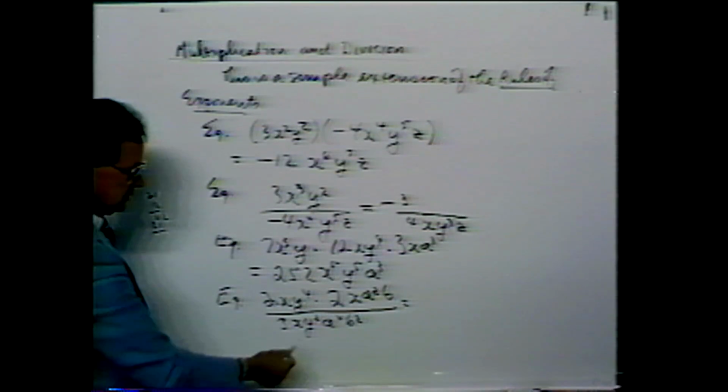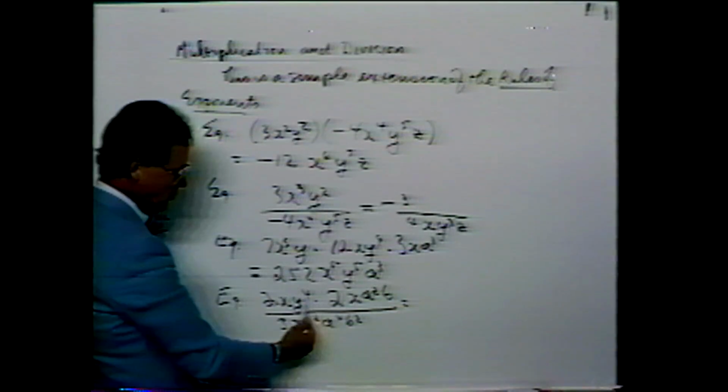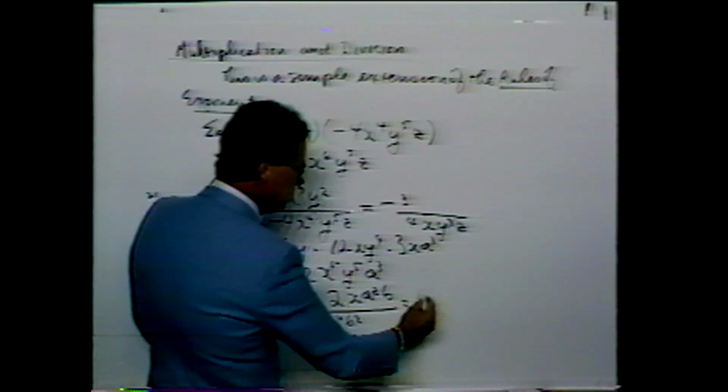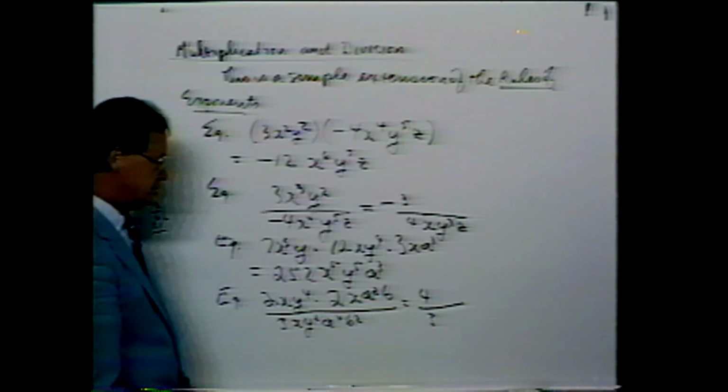Taking care of the numerical parts of the expression first, we have 2 times 2 is 4. 4 divided by 3 can be expressed as 4 over 3 simplified.